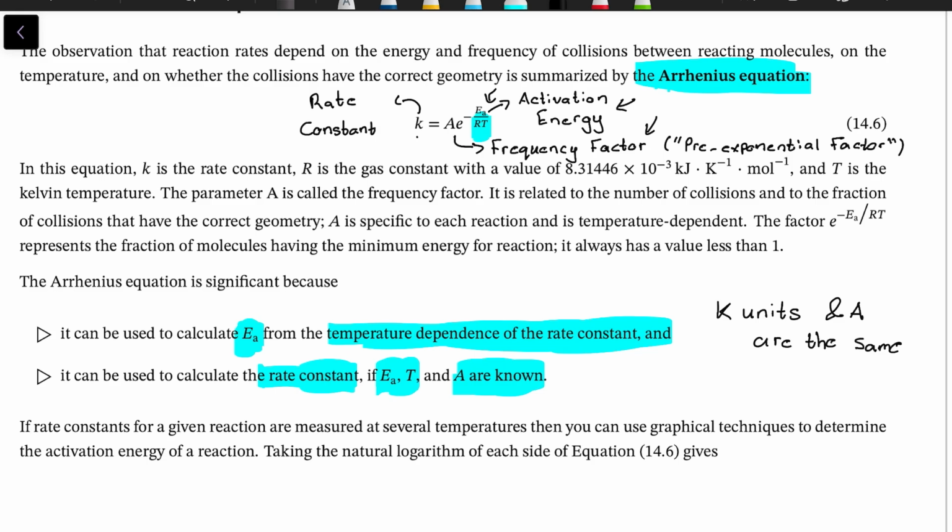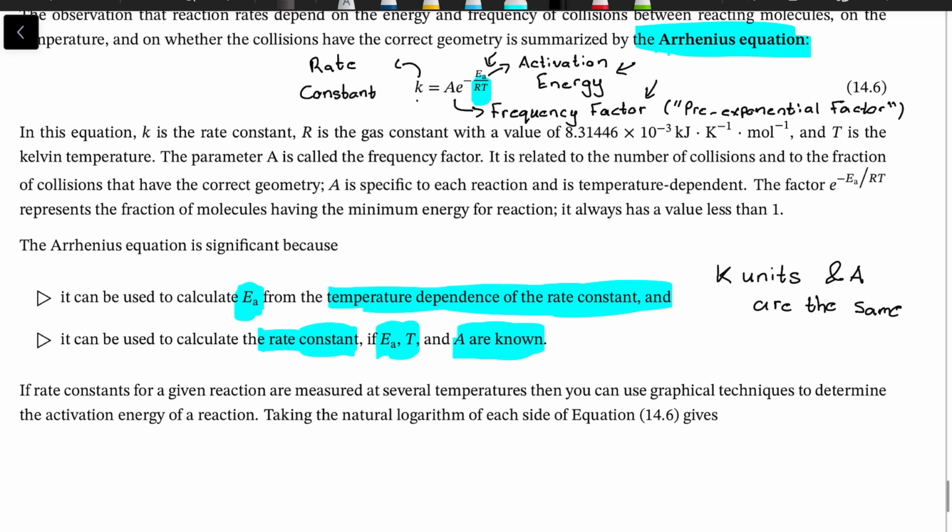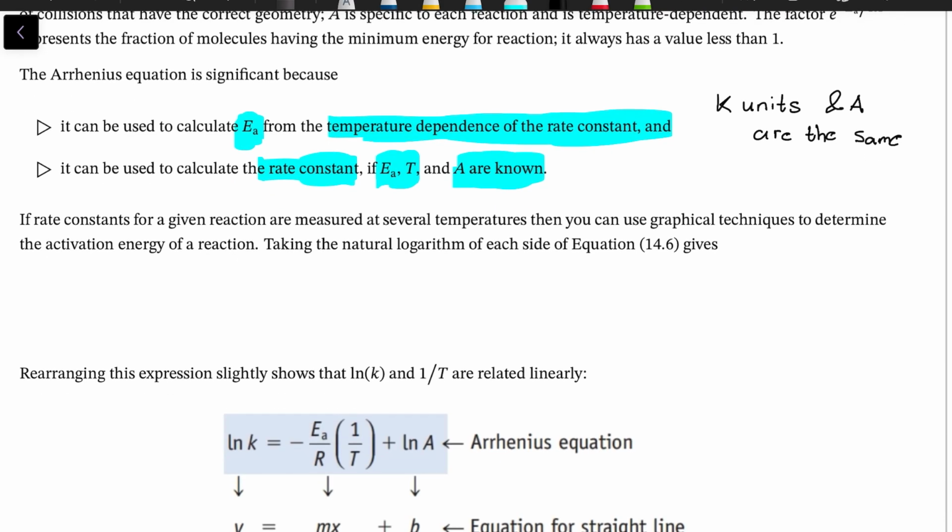How do you measure, for example, the activation energy? How do you measure the rate constant? And the answer is, you will do some graphical determination, or you can use some graphical techniques.